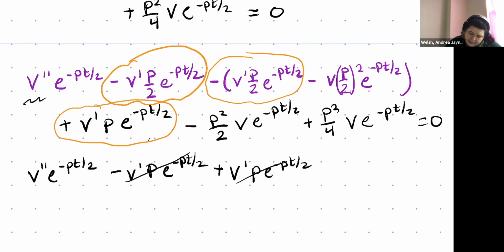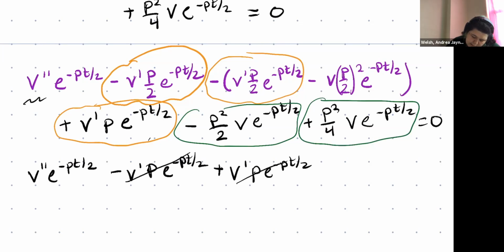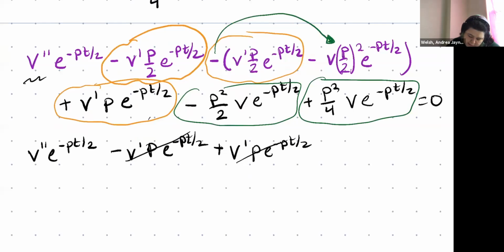Okay, and then last we have to look at our v terms, and we want to be careful with our coefficients again. So we have this negative that gets distributed to that first term. So if we do that, we can see that we have a plus v p squared over 2 e to the minus pt over 2.